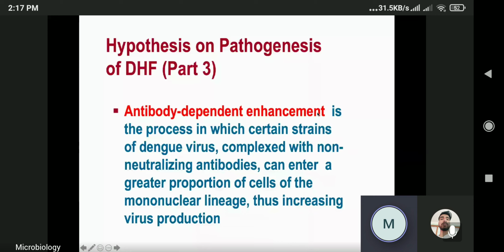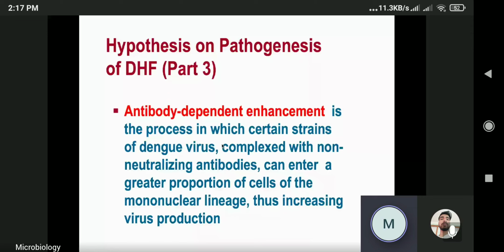Okay, so these non-protective antibodies, if they encounter a virus of another serotype, instead of protecting, they activate active replication of the viruses. Meaning if there is more viral replication, then more severe conditions will follow. By rule, the antibody should protect, isn't it?